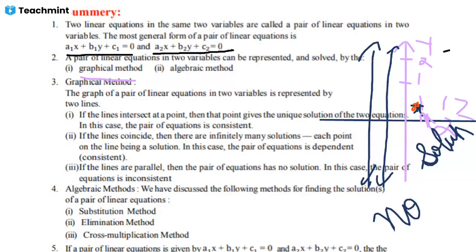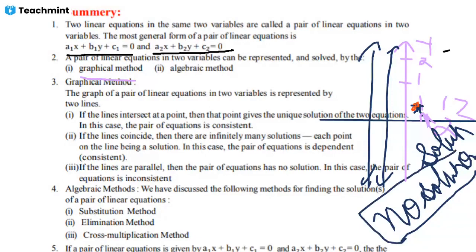They will not have any solution because for those two lines there is no common point of intersection, so you will not get any solution. Such lines have no solution. So this is the second one you should remember: if any two lines are parallel to each other, then the two lines have no solution. No solution means you will not get any value for x and y.